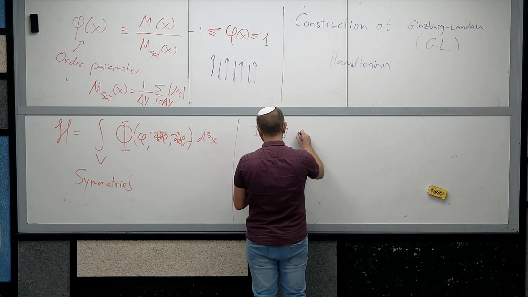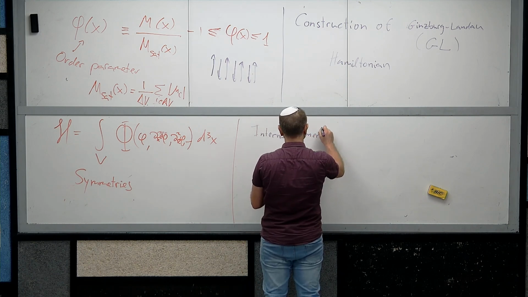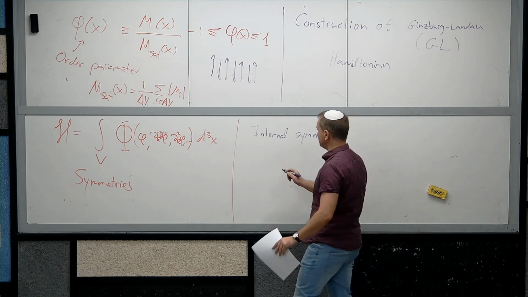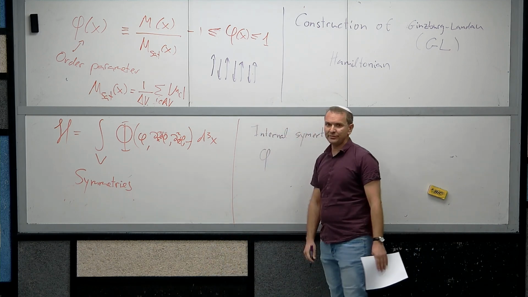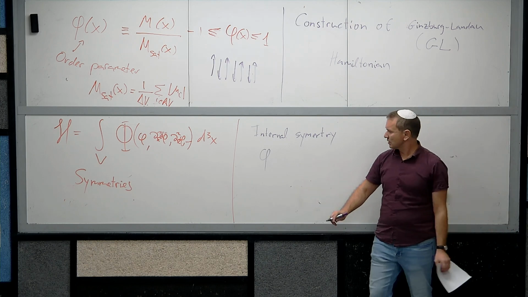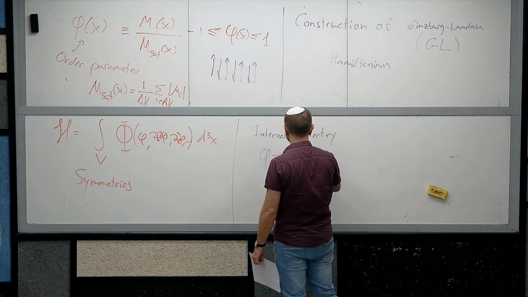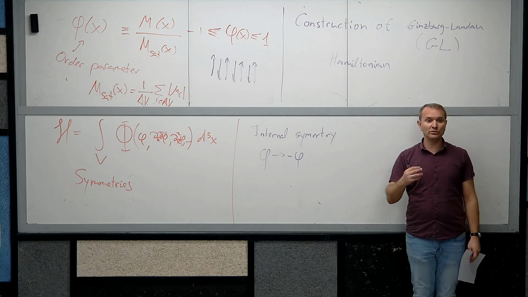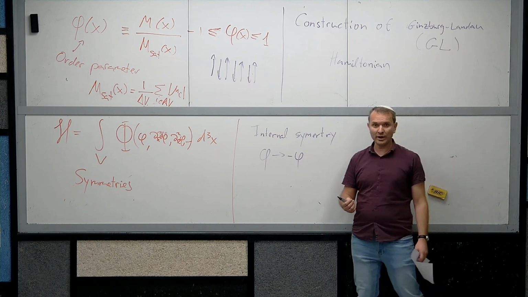internal symmetry. So what happens if I take the field and anywhere inside the system I change it to minus phi? Will something happen to the energy of the system? No, right?